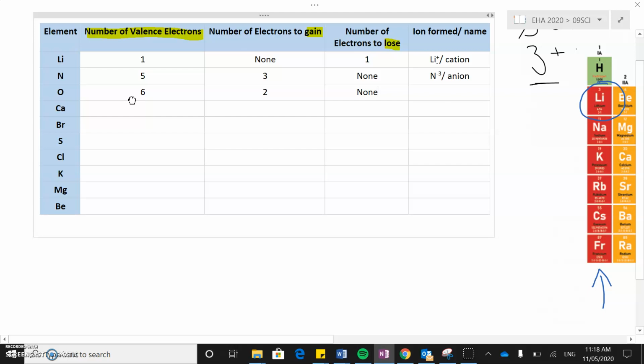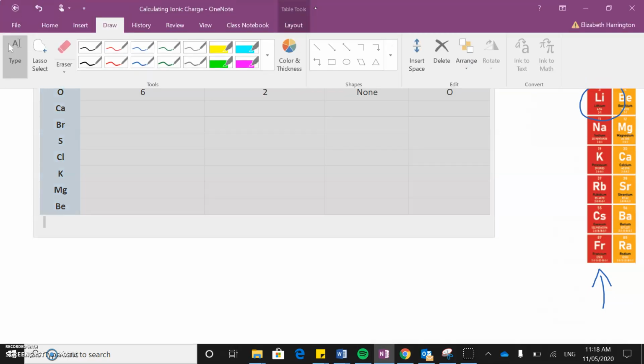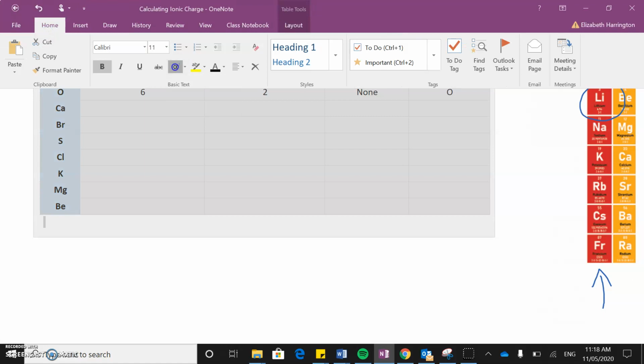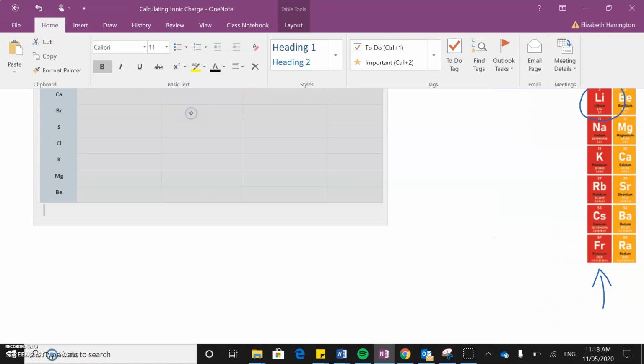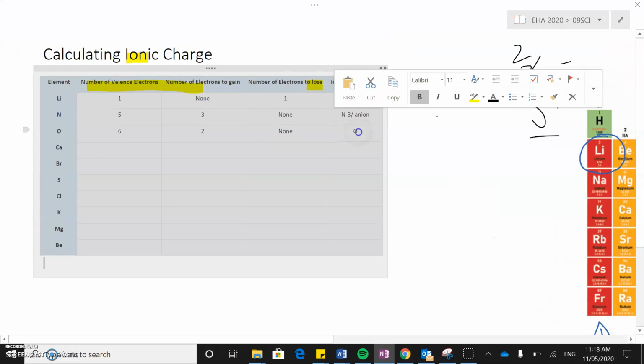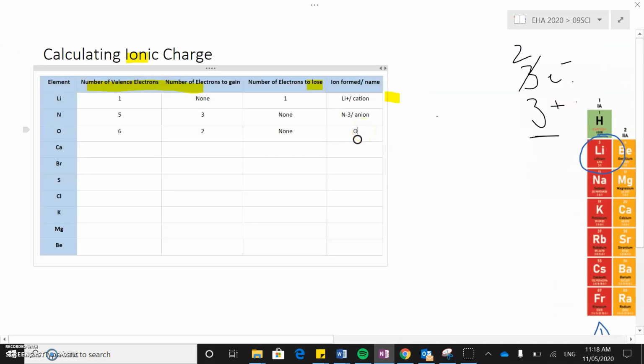Which means that if it gains 2 negative charges, 2 electrons, for our ion formed, now we just have to grab our little superscript button. Superscript. Oh, what did I do? Goodness gracious.